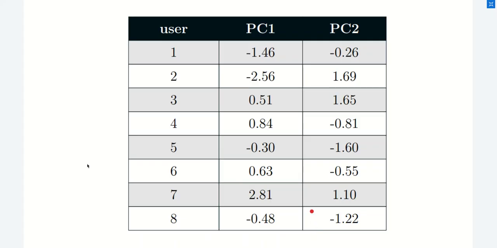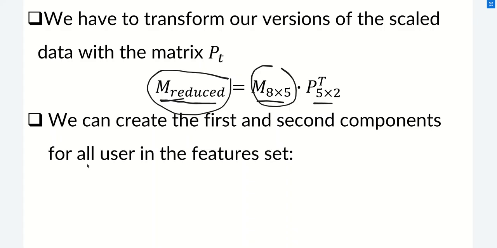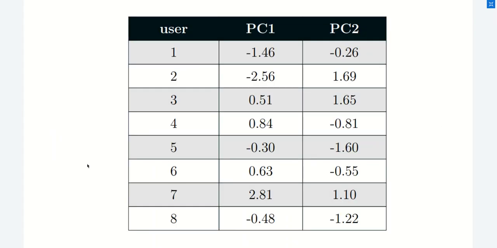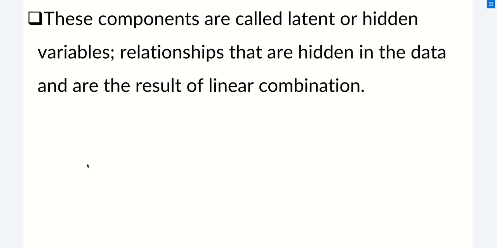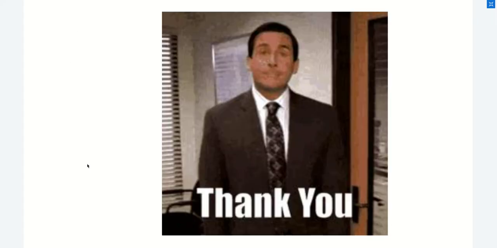So this is our component. As you can see, you've already seen it over there. So these are our components now. These components are called the latent or hidden variables: relationships that are hidden in the data and the result of linear combination.